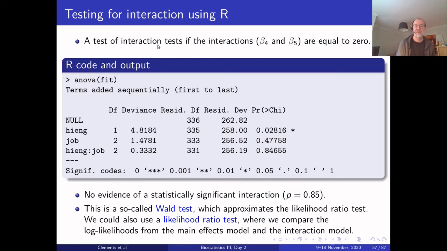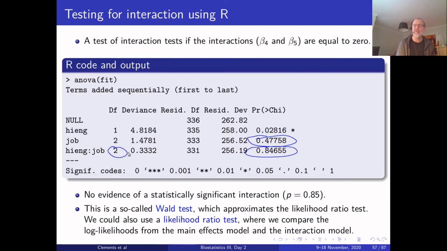So to test whether the interactions are significant, we need to know if the interaction parameters are equal to 0 or not. For the model that we fitted, we can do an ANOVA test on the fit, and then we find that, well, first of all, there's no strong effect for job, but also there is no significant effect for high energy and job with 2 degrees of freedom.